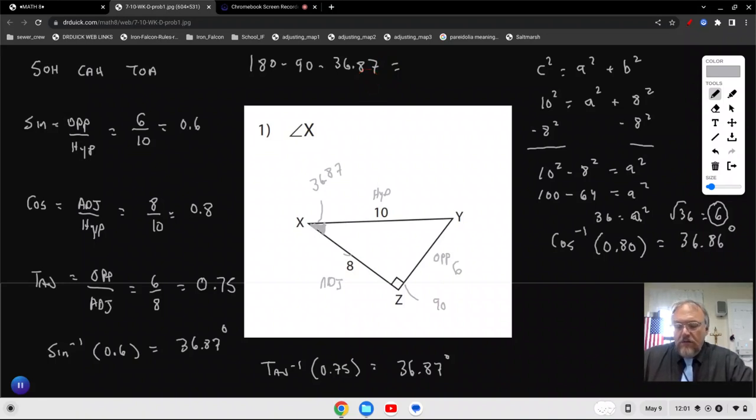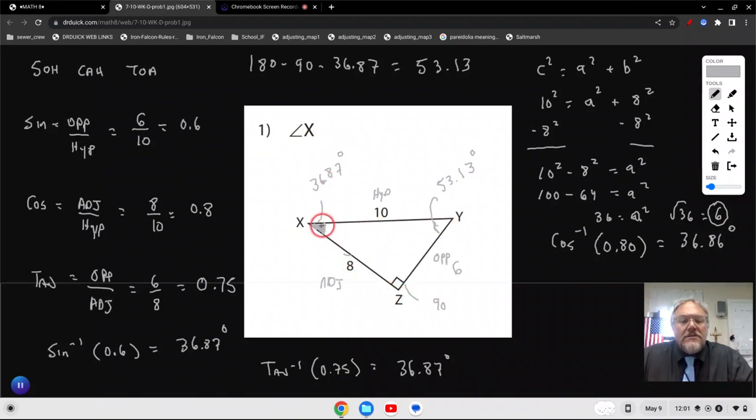So 180 minus 36.87 minus 90 equals 53.13. So this angle here must be 53.13.